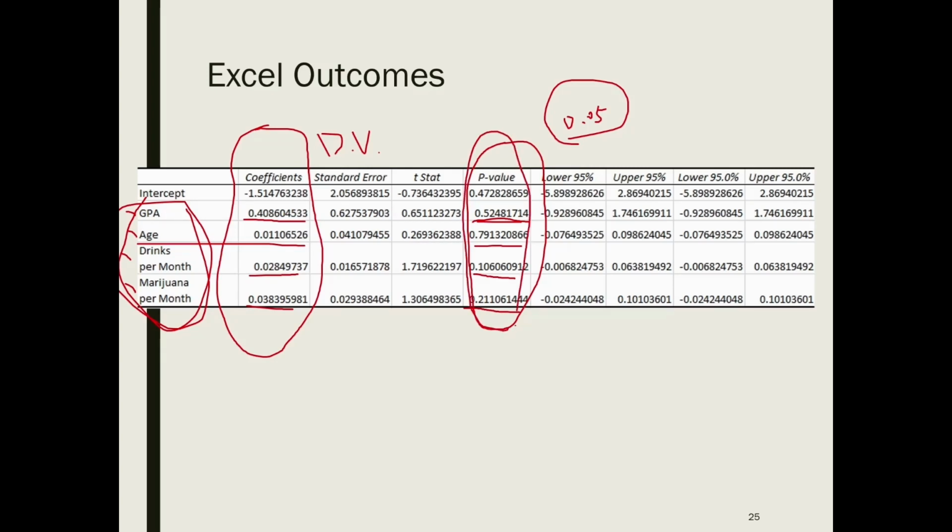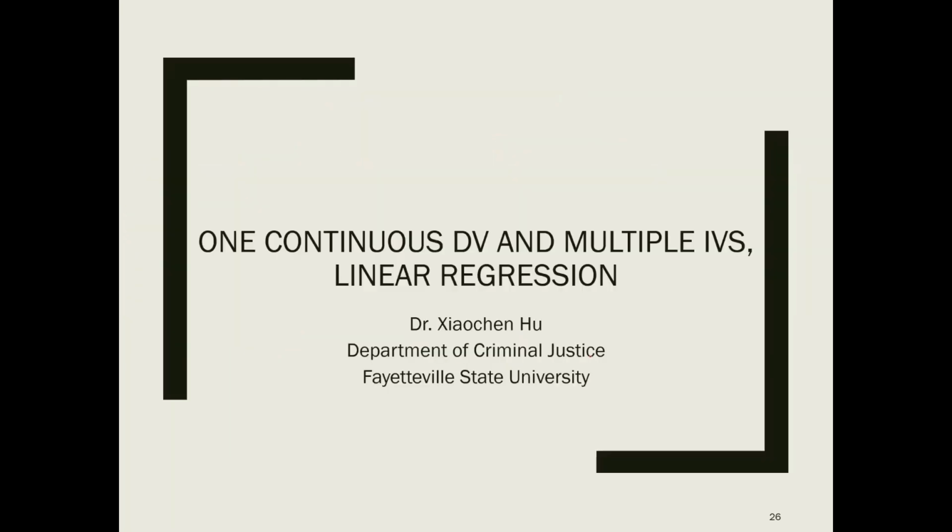So based on these p-values, none of these variables, GPA, age, drinks per month, or marijuana use per month, is a significant predictor of the dependent variable. I don't really care what the dependent variable is, but none of the p-values is less than 0.05. That means none of the independent variables here can be a good predictor in predicting or explaining the dependent variable. Okay, that's it.